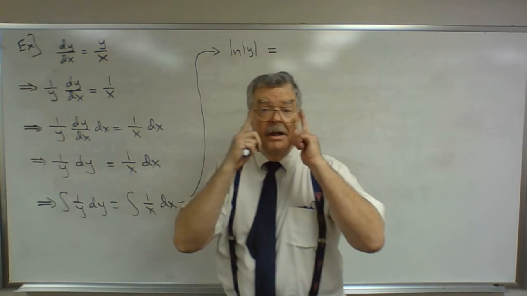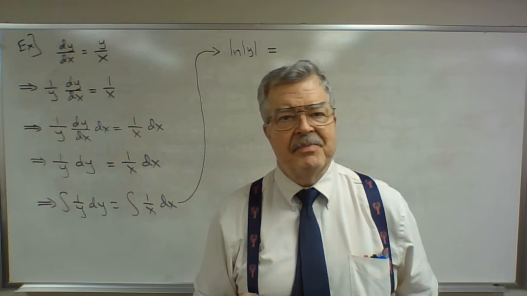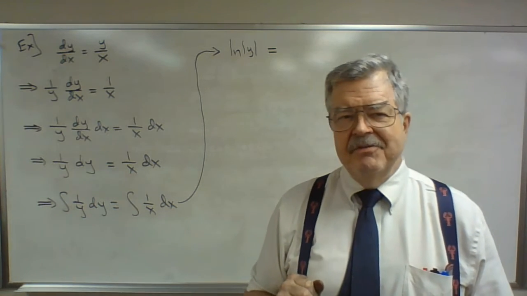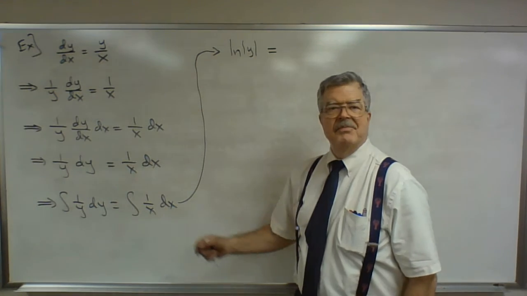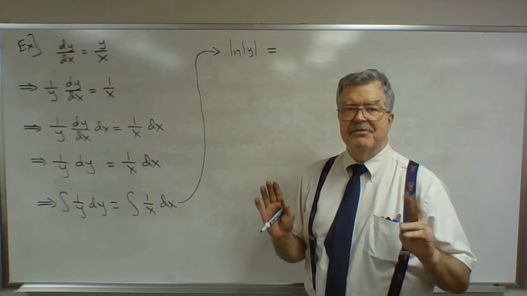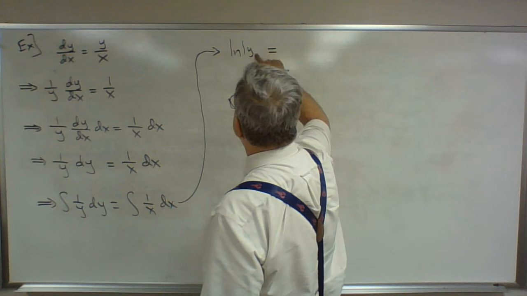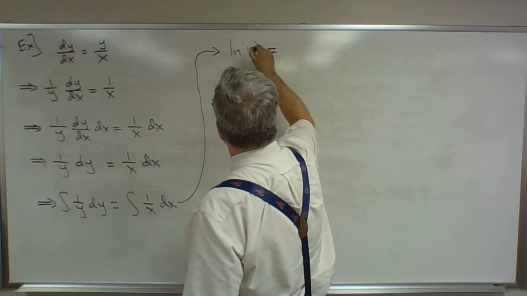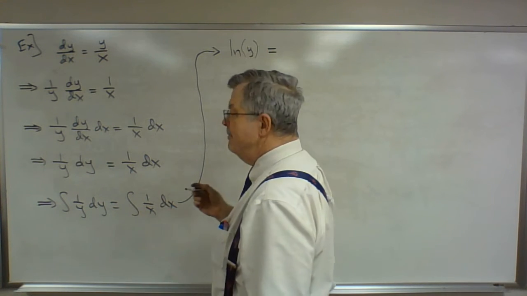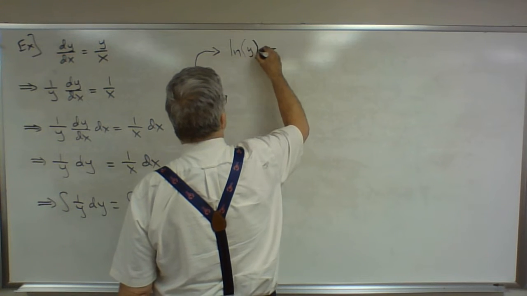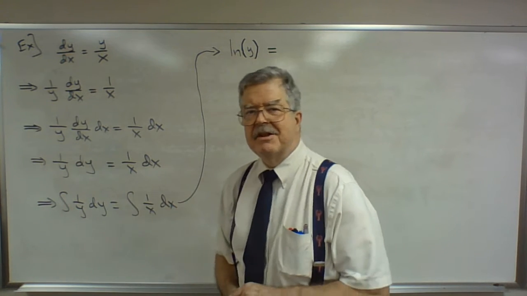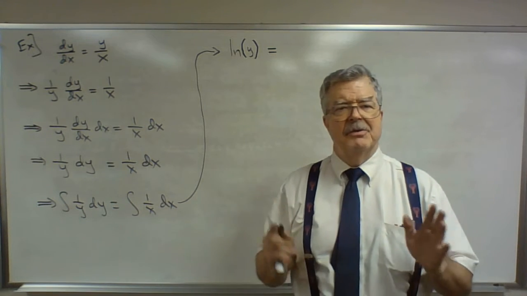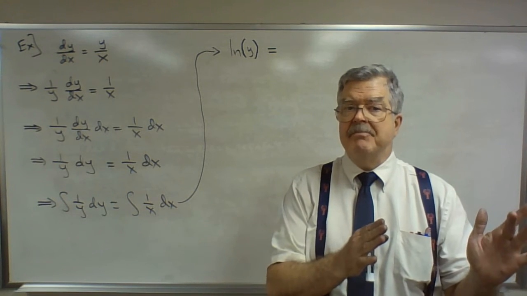And I'll tell you what, something about our author, whenever it's convenient, he assumes that the variables x and y are positive so that we don't have to use absolute values. And maybe that's not a bad assumption. Oftentimes, the independent variable won't be x, it will be t, and t will be time.